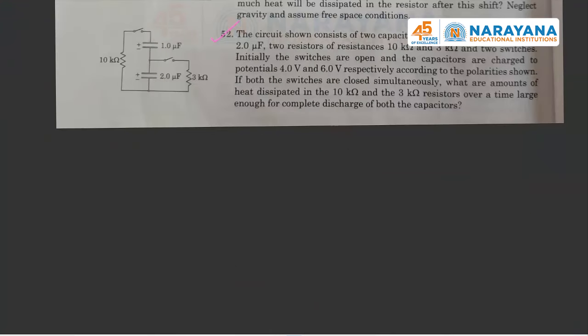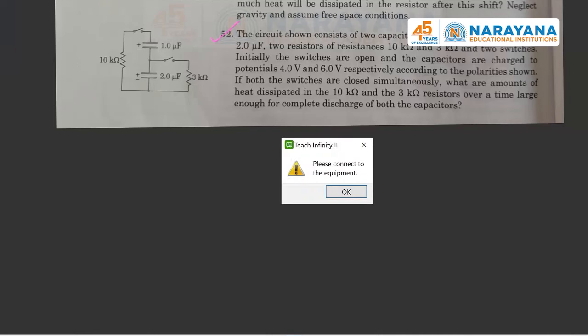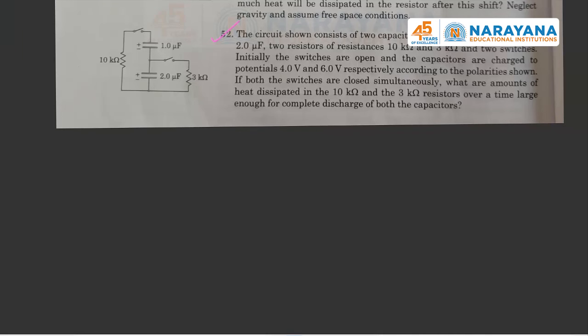Now, in this problem again, he has given two charged capacitors, and there are two resistances of high resistance, different values. The question talks about what is the problem like?